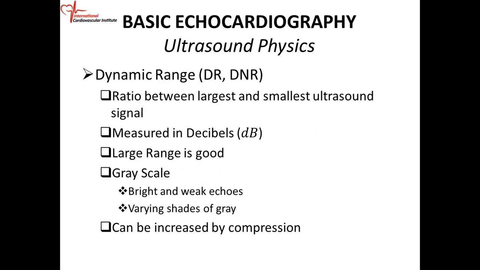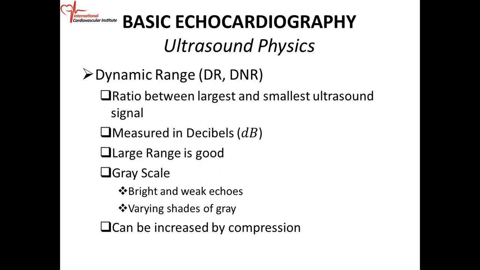So again, temporal resolution has to do with time. It has to do with the time between each frame. Okay, remember, a frame is nothing more than a number of scan lines, and a scan line is a transmitted ultrasound and a reflected ultrasound. That's a scan line. A series of scan lines make up a frame or a sweep.